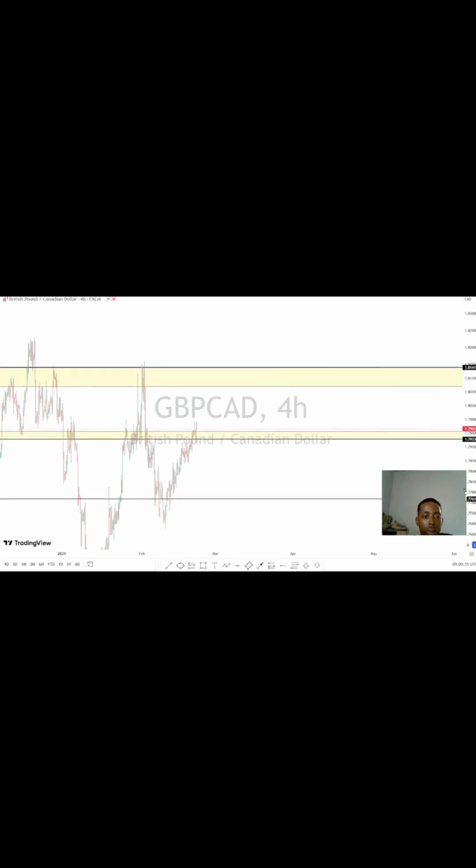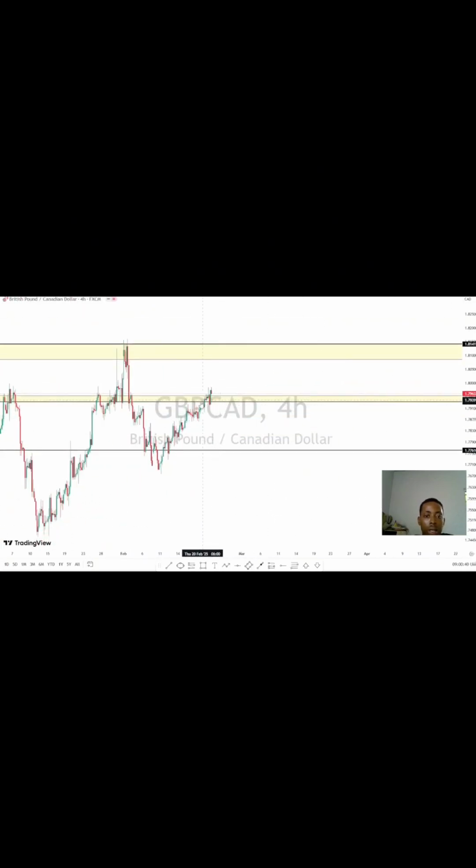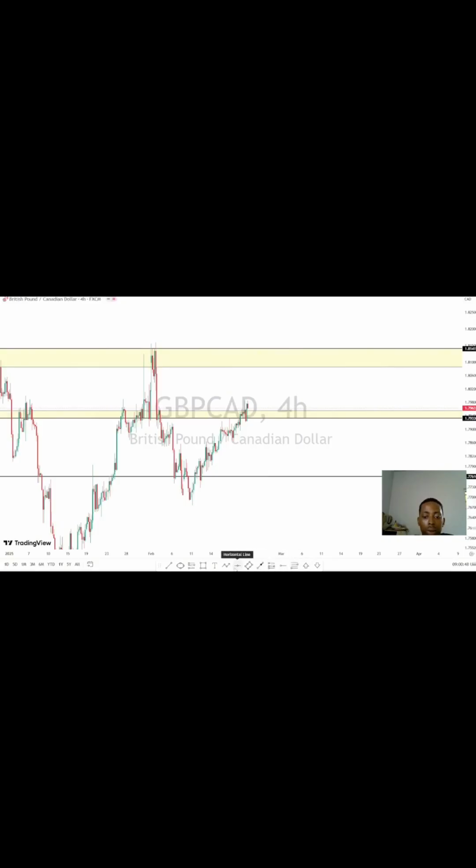As you can see, we came to this bottom here and we have even broken the level. So what I'll be waiting for is tomorrow, to see a push, a retest here, giving me another daily candle close.